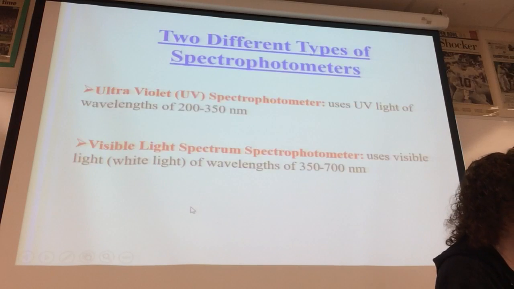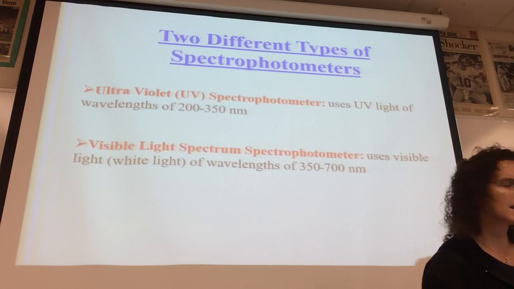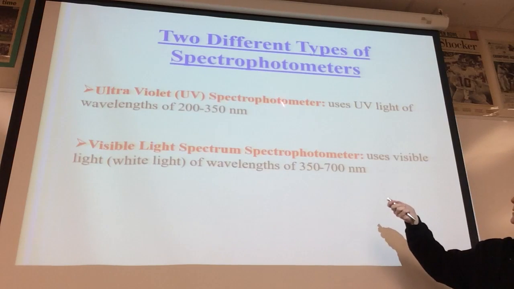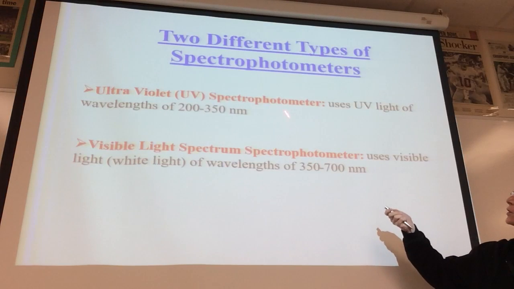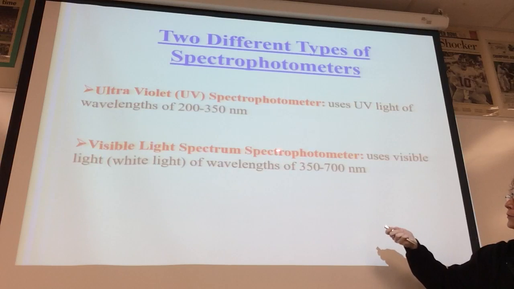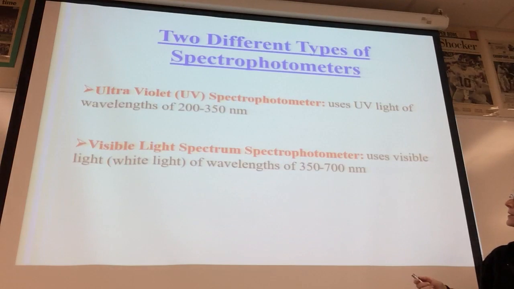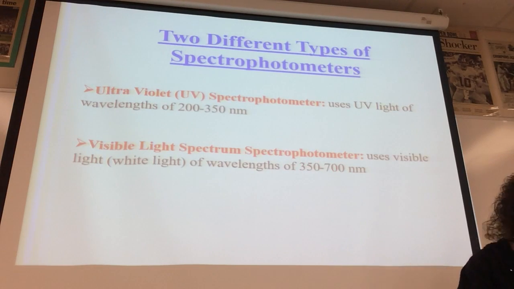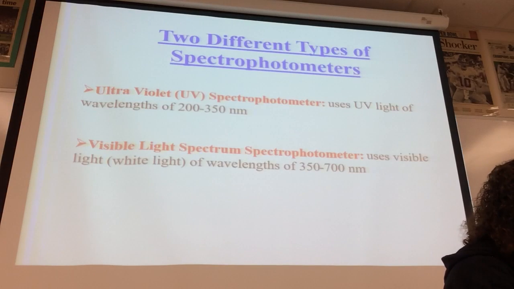And transmittance and absorbance we'll hit in a sec. There are two different types of spectrophotometers, one in the UV region. We don't have those in high schools. We have a few visible light spectrophotometers, and they're going to have wavelengths in the visible light region.